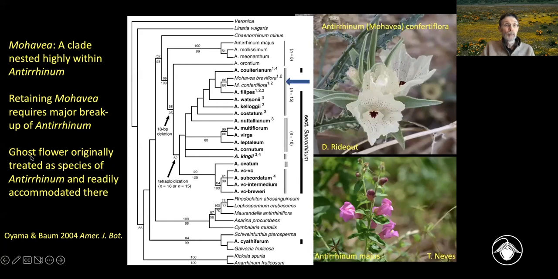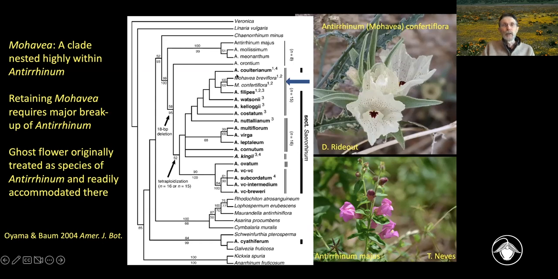And as it turns out, Antirrhinum convertiflorum, the ghost flower, was originally treated as a species of Antirrhinum. The name was already available in Antirrhinum for that plant. And it's quite readily accommodated there. There are some interesting floral changes that have happened in Mohavea, but it can be accommodated morphologically within Antirrhinum in a way that doesn't make the genus too heterogeneous to be diagnosable.